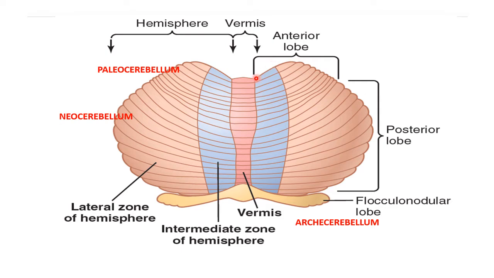This part is the anterior lobe, and the folium, a little bit apart, is the posterior lobe. One more important part, the inferior posterior part, is the flocculonodular lobe. So this is the archicerebellum, the lateral one is the neocerebellum, and the anterior one is the paleocerebellum.